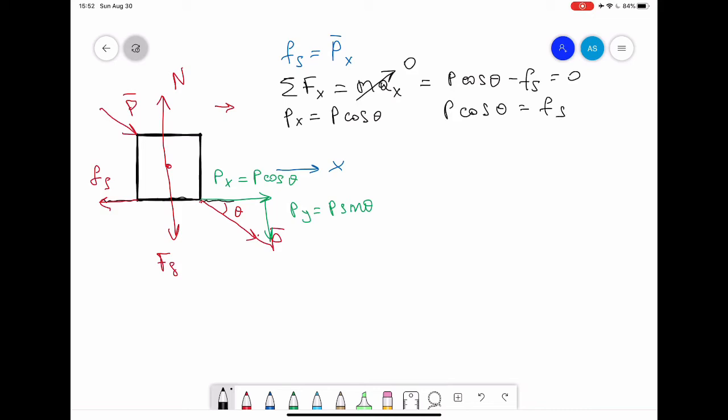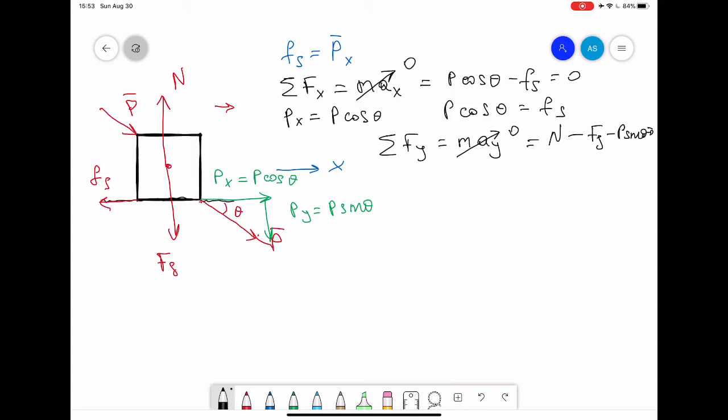Now what about the y forces? The sum of the forces in the y direction is equal to may. Since the object is not moving, it's equal to 0. The sum of the forces in the y component is the normal force, pointing upwards, positive, minus Fg minus P sine theta, which is equal to 0.